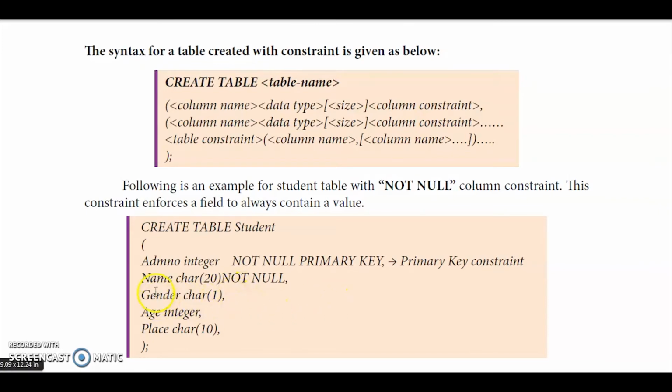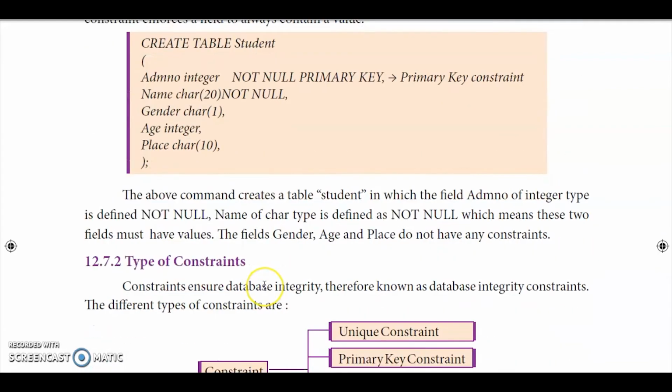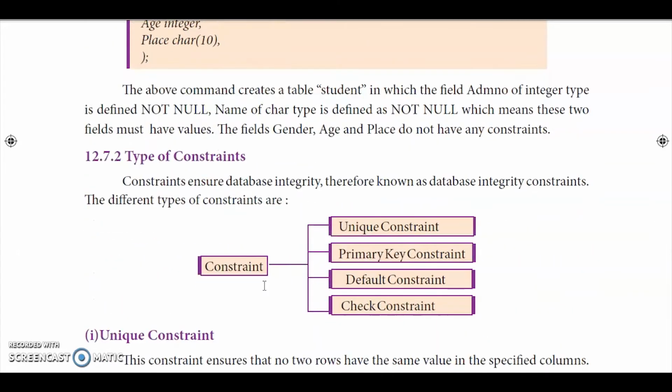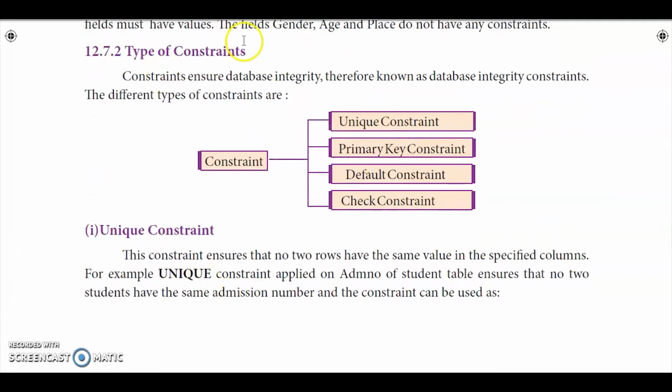After column name, data type, size, I have moved to the next column name and data type, and again to the next. This is the syntax for creating the table with constraint. If you have a constraint, you specify it after the size for the particular column. Now let us move on to the types of constraint.